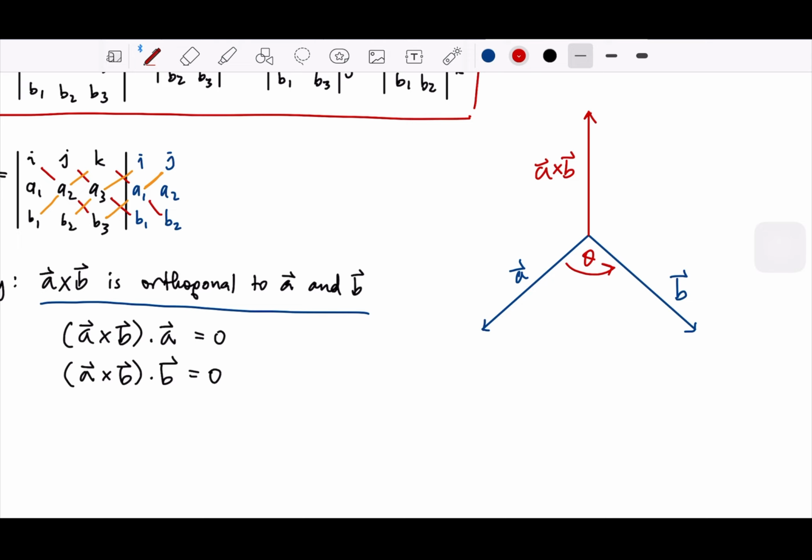then if we want to find the length of the vector from the cross product, we can set up the formula.